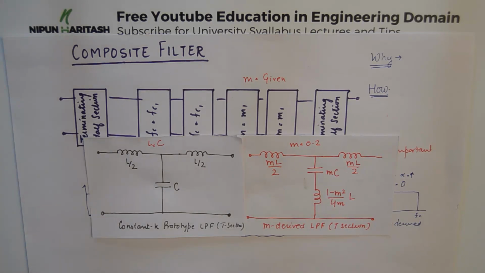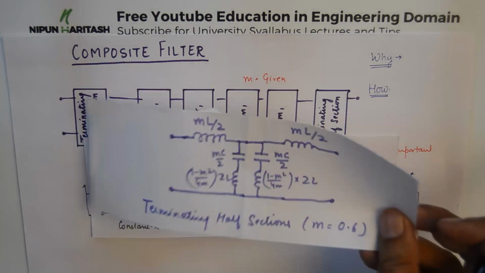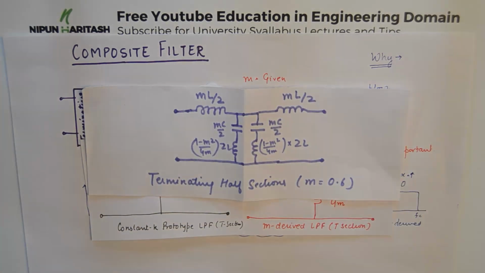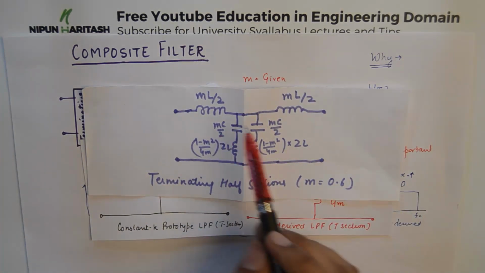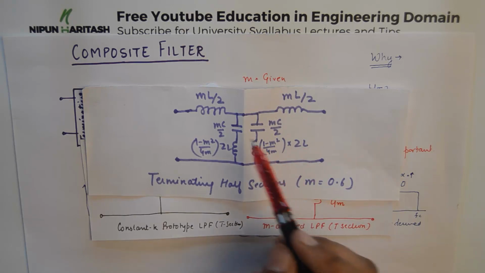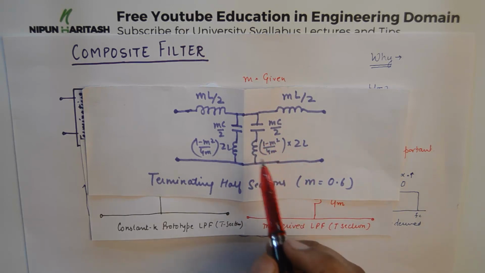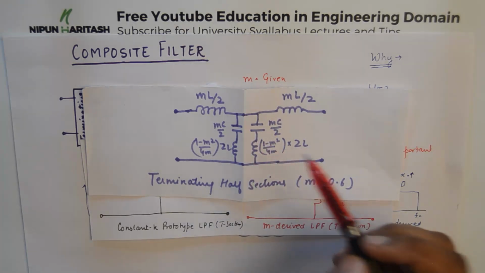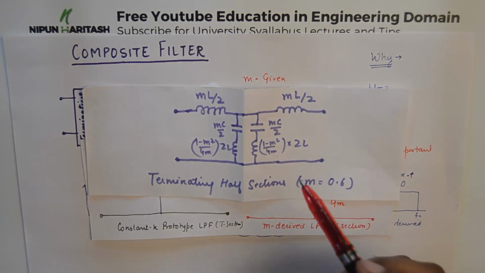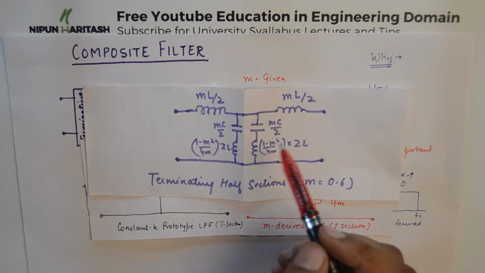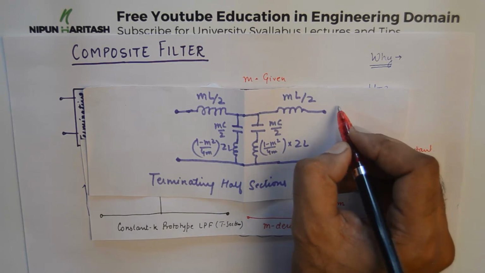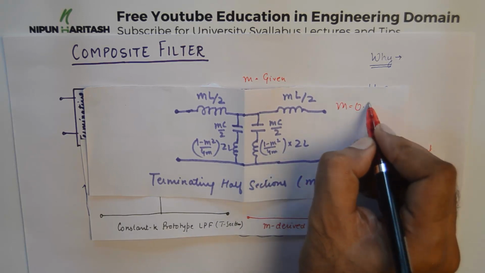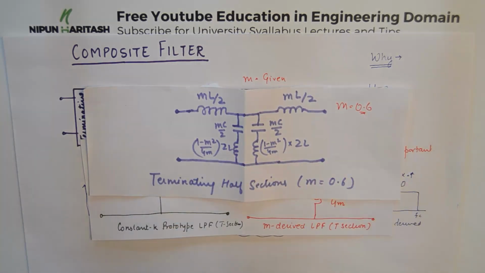Now the last part is designing. Now please see, we'll design another M derived low pass filter T section, and another advantage of designing a T section is that this time around we'll use m is equal to 0.6 because we'll split this T section into two parts.